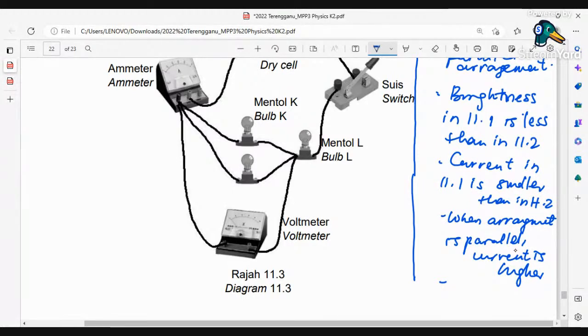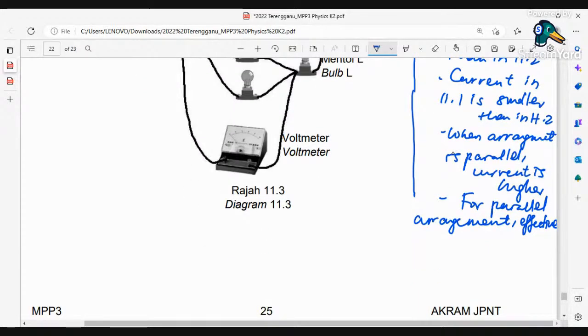Effective resistance in parallel is smaller than effective resistance in series. Okay. For parallel arrangement, effective resistance is smaller.